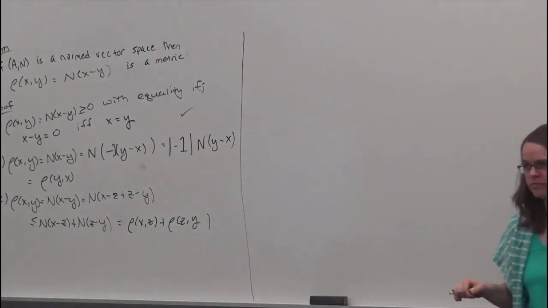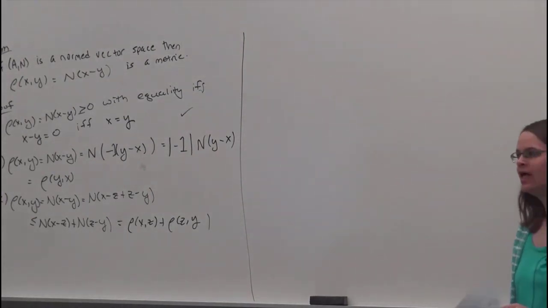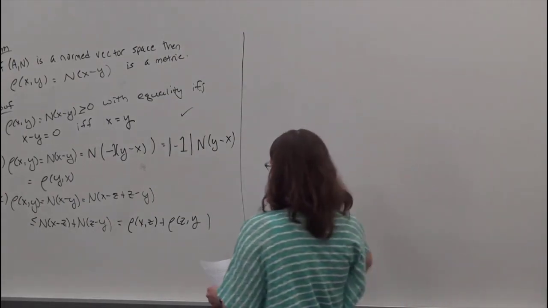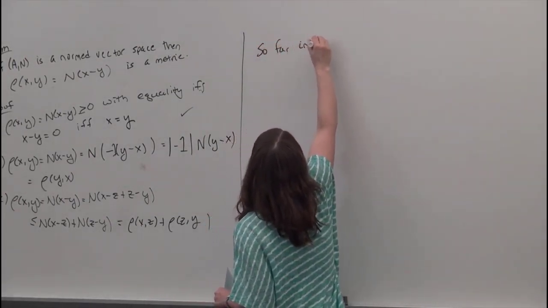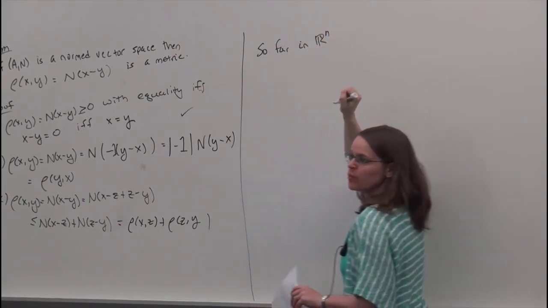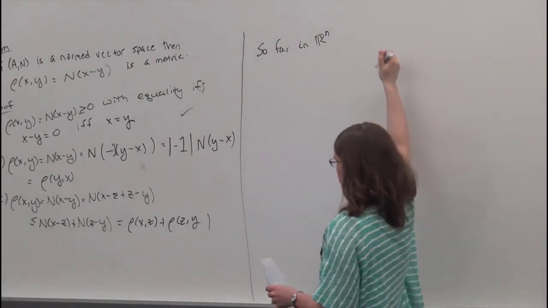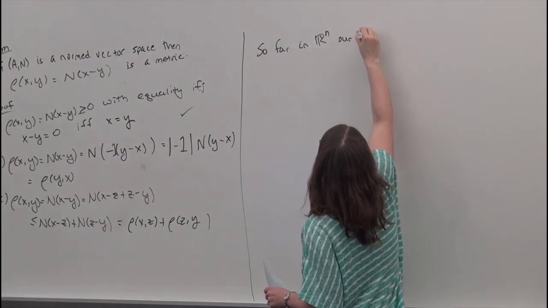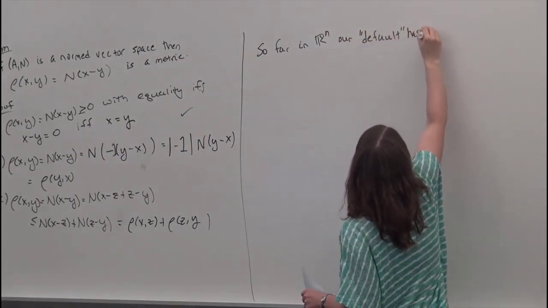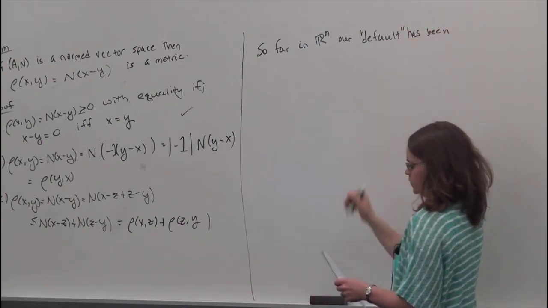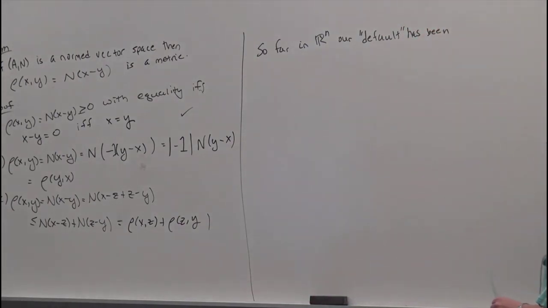We just haven't used the language metric spaces. But all semester long, so far in R^n, we've been using this Euclidean metric. We just haven't said so. So our default has been to use the Euclidean norm.